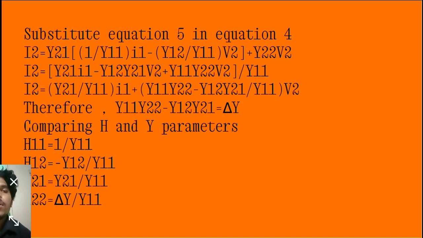Therefore, Y11 Y22 minus Y12 Y21 equals delta Y. Comparing H and Y parameters, H11 equals 1 by Y11, H12 equals minus Y12 by Y11, H21 equals Y21 by Y11, H22 equals delta Y by Y11.